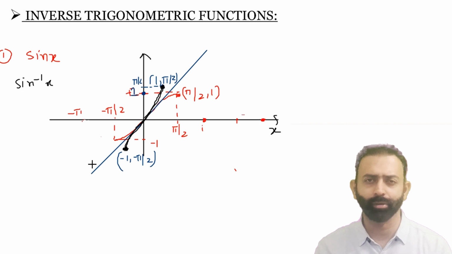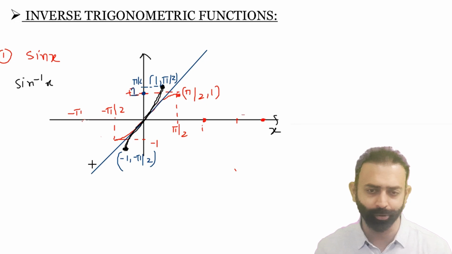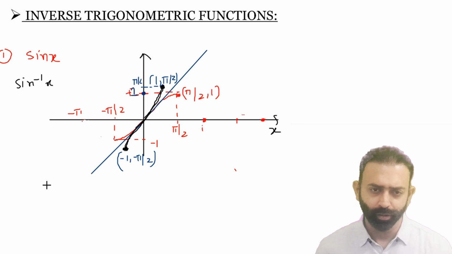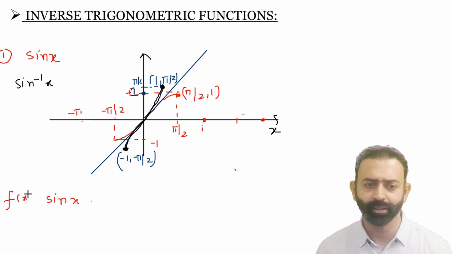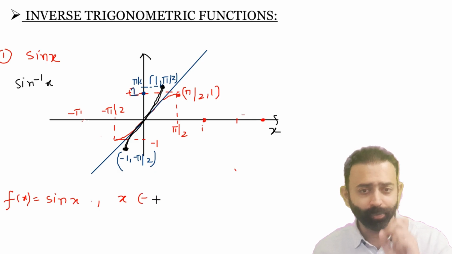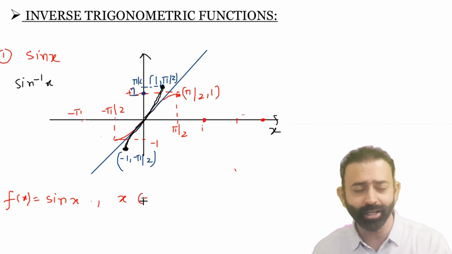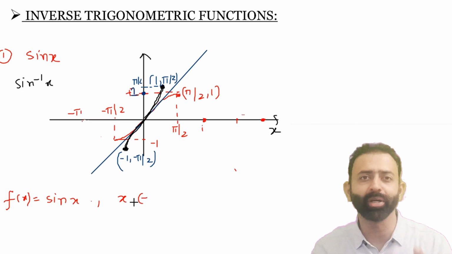So let us discuss the range and domains of the function and its inverse. This is very important. Once we have restricted the graph of sine x, let f(x) equal sine x, where x belongs to, what is the domain? This domain specification is very necessary in order to give any meaning to the inverse.